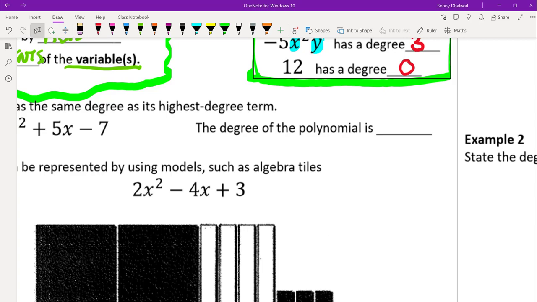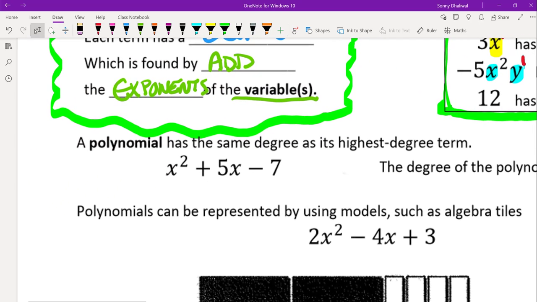Now, an expression is made up of more than one term, because we've got a term here, here, and here. To find the degree of an expression, we find the degree of each term, and we pick the biggest one, because the biggest one overrides the properties of all the other ones.